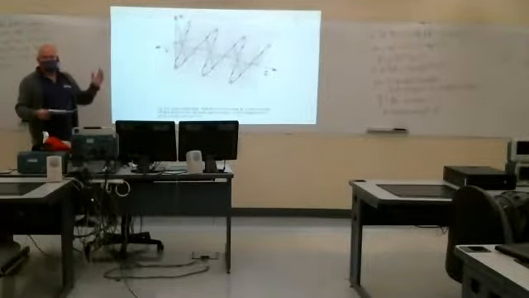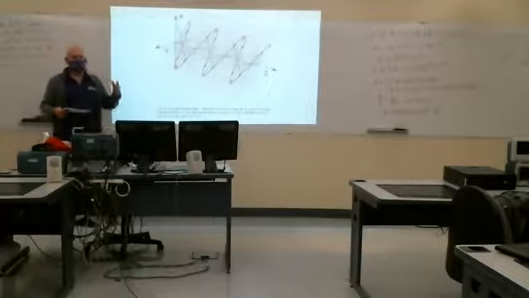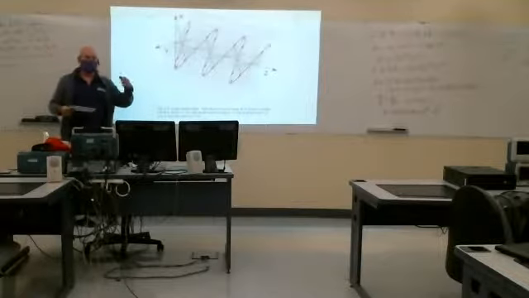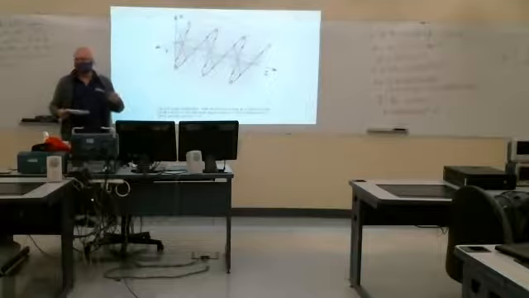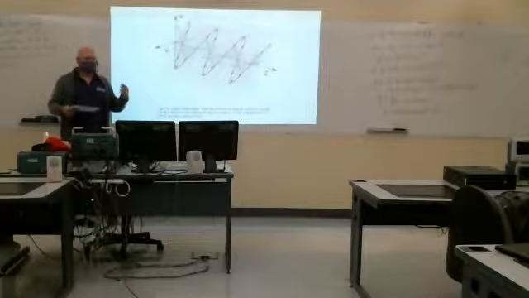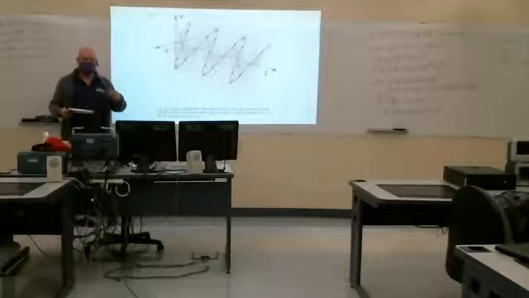Now, typically, you'd want your receive antenna to be in the same orientation as your transmit antenna. So typically, you would use horizontal polarization for both, perhaps, or vertical polarization for both. There are times when you may not know the orientation of one antenna or the other.